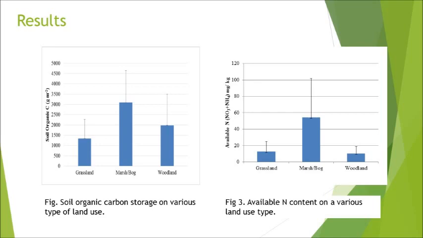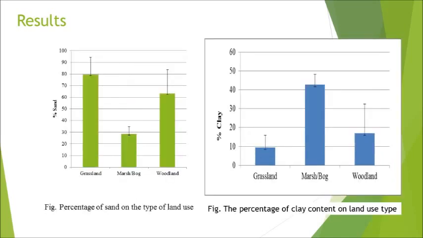Also, the available nitrogen content, which is a combination of nitrate and ammonia, is high in marsh but poor in woodland and grassland. Similarly, the histogram of sand percentage is done using the sand data on the type of land use. This exhibits that grassland has a higher content of sand than the other two land types. In other analysis, the clay content found in the marsh is high, but grassland has the lowest quantity.